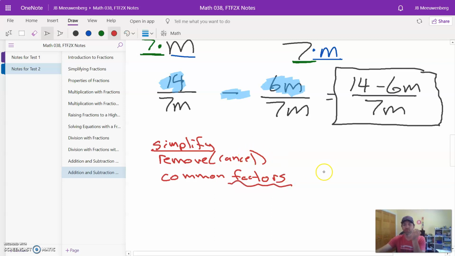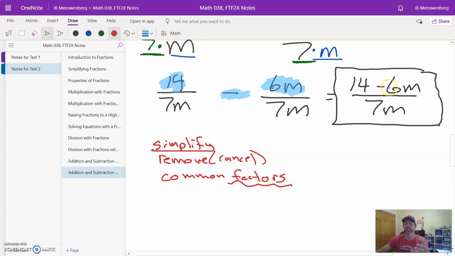Factors are things that are multiplied. When we have all multiplication across the top and all multiplication across the bottom, then we can cancel the common factors. But up here, there's a minus sign. It is not all multiplication across the top. There's subtraction up there. You cannot cancel part of an addition or subtraction expression.